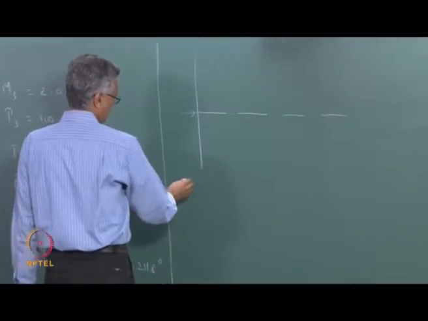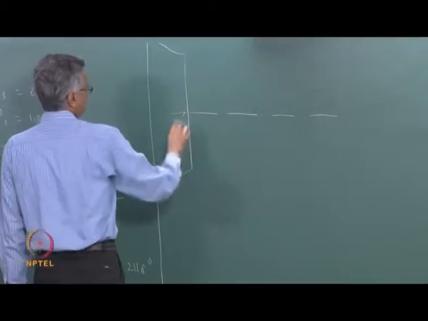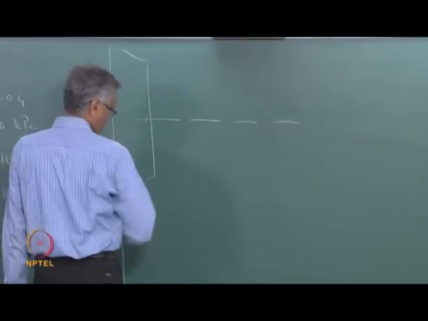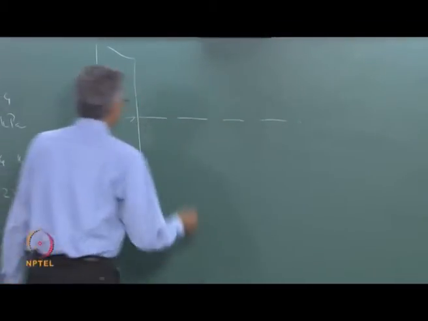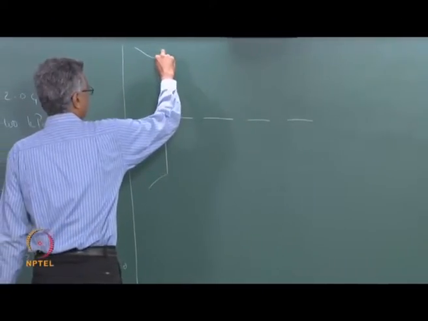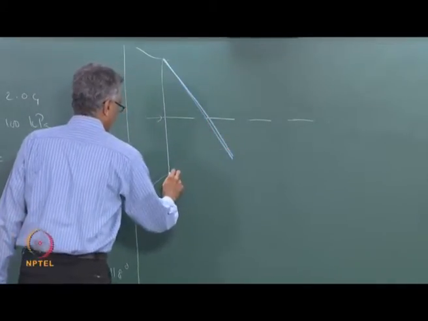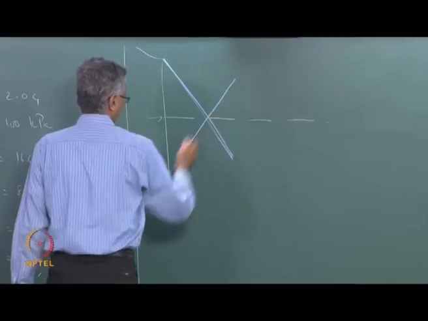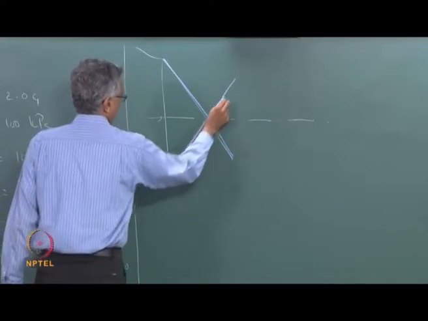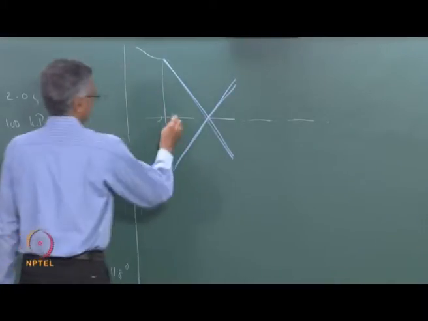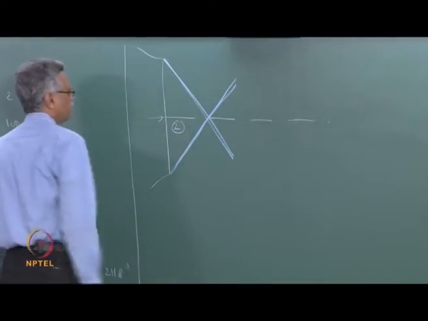So this is a close-up view of the exit from the jet. We label this region as 2, and oblique shocks were generated from here, right, from the trailing edge of the nozzle. And this was labeled as region 2.